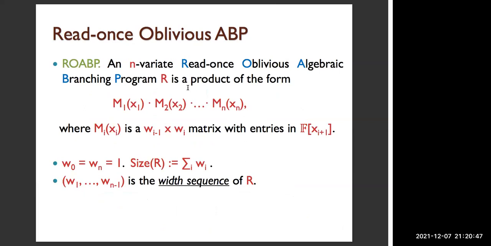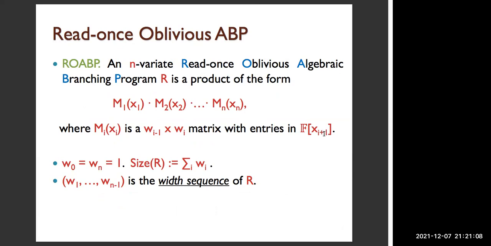Right? So formally, an n-variate read-once oblivious ABP, ROABP, let's say R, is a product of the form M1(x1) to Mn(xn), where Mi is some w_{i-1} times w_i matrix, depending on just the variable. Sorry, there's a typo here.